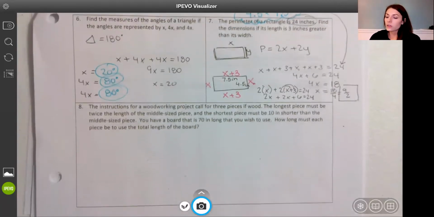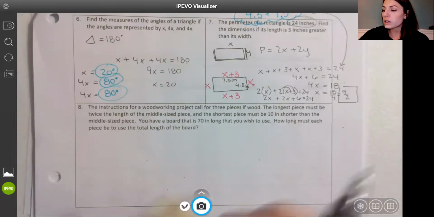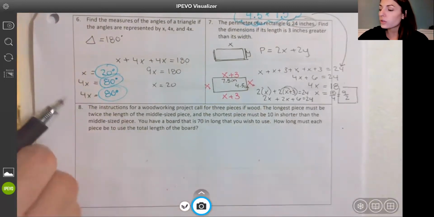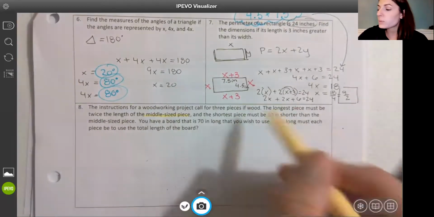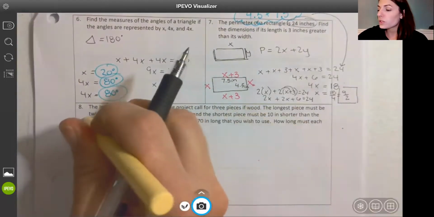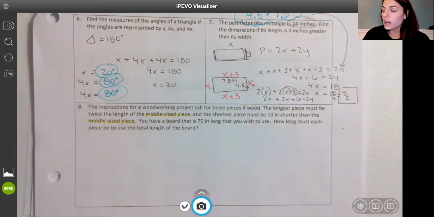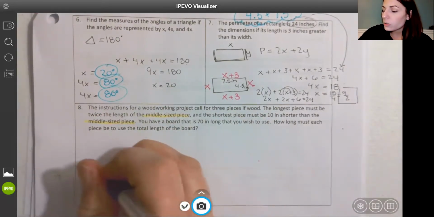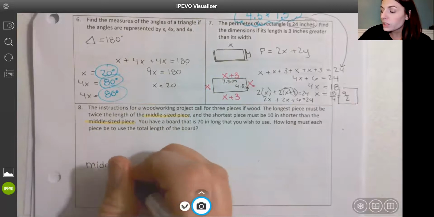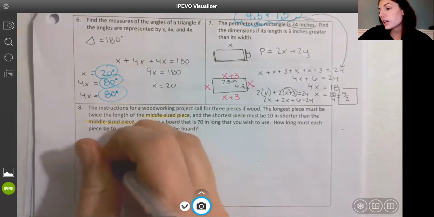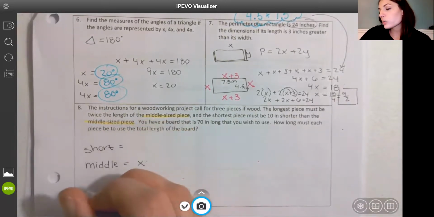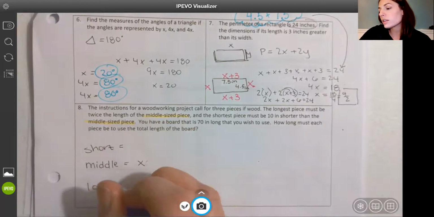Okay, so remember that hint, find something to call x. If you notice, the long piece is related to the middle-sized piece, and the shortest piece is related to the middle-sized piece. So I'm going to call the middle side length x. If I call the middle length x, then I can write an expression for the short length and the long length.